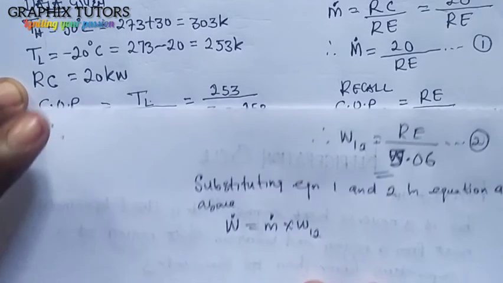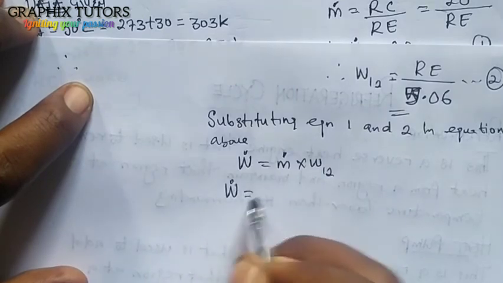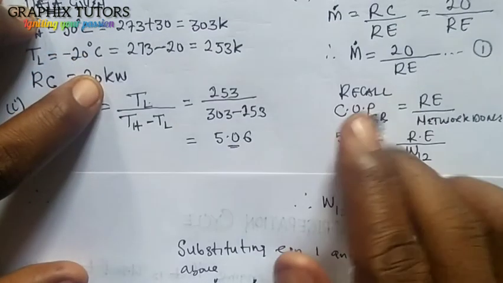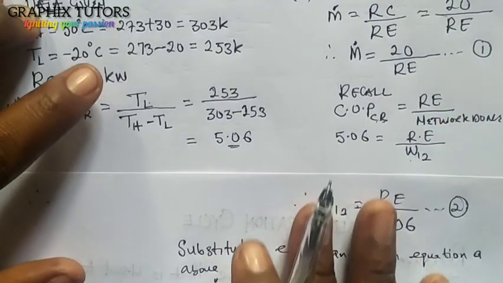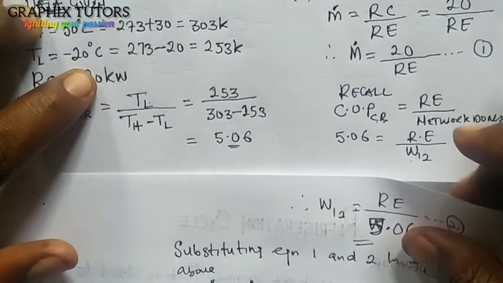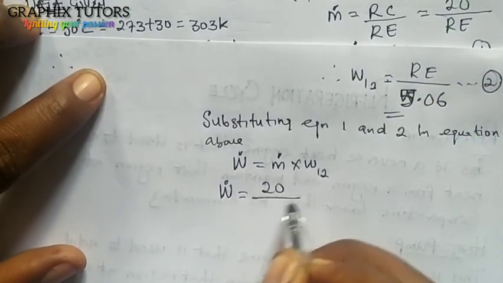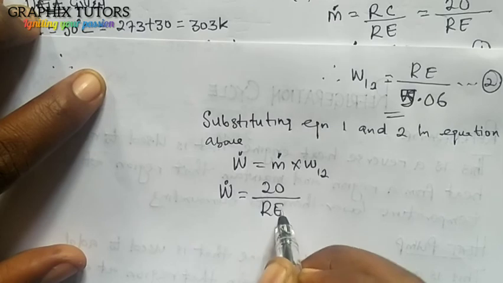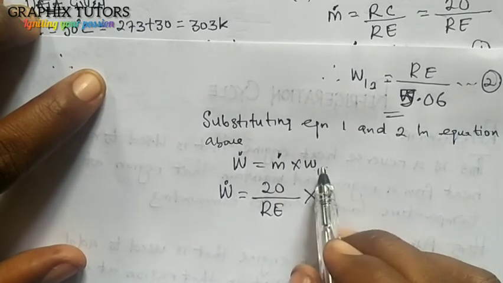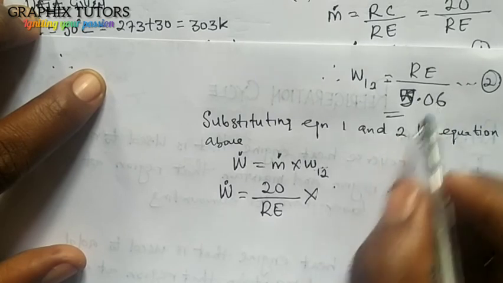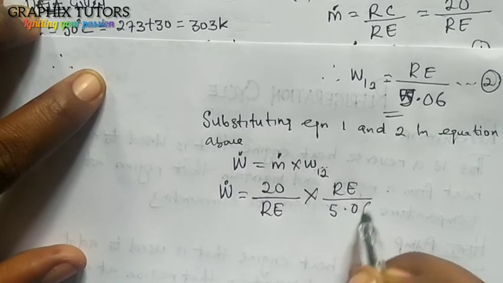So if I input my value here, my work rate will now give me the mass flow rate, which is 20 all over refrigerating effect, multiplied by the work net W12, which is refrigerating effect all over 5.06.